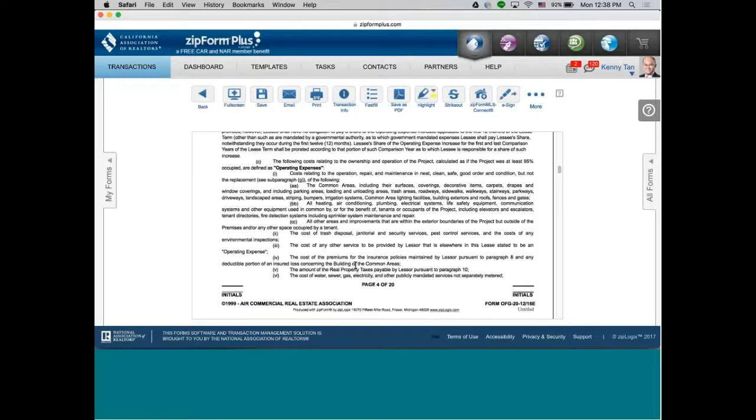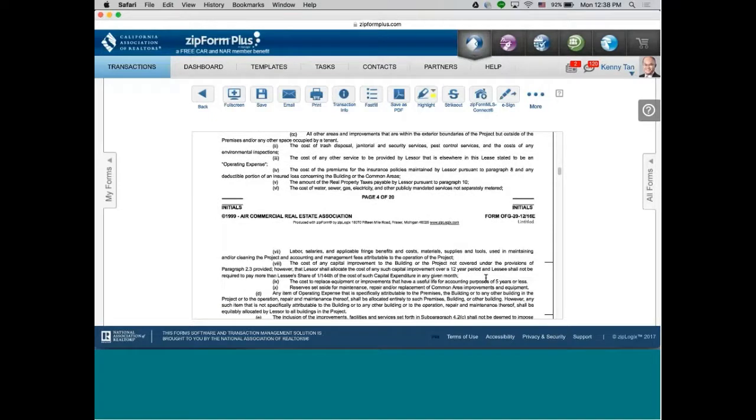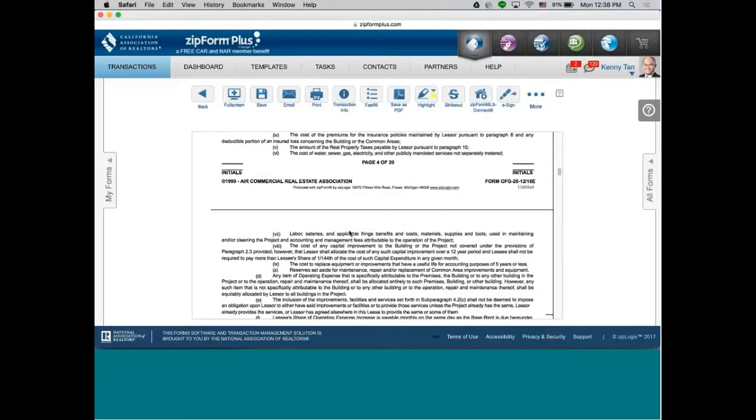The amount of the real property taxes payable by lessor pursuant to paragraph 10, the same. Cost of water, sewer, gas, electricity, and other publicly mandated services not separately metered, same. Labor, salaries, and applicable fringe benefits and cost, material, supplies, and tools used in maintaining and or cleaning the project, and accounting and management fees, the same as in the net lease.